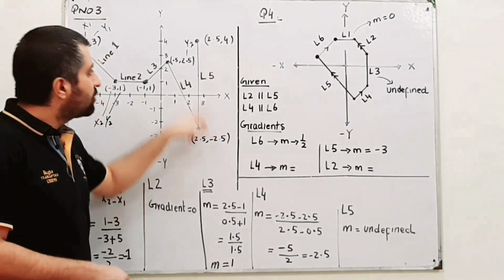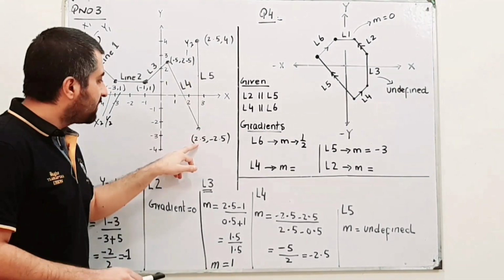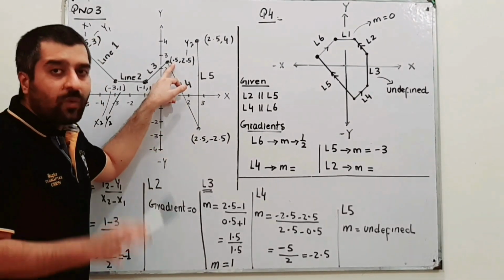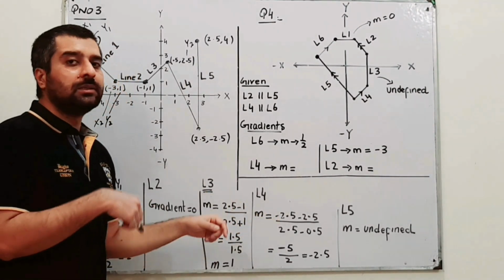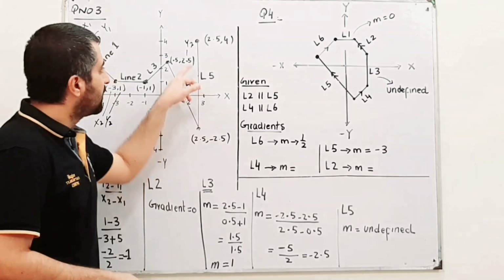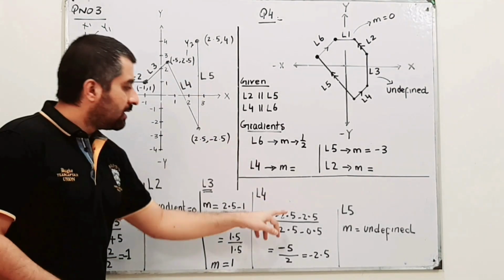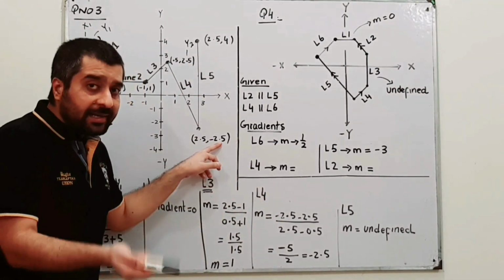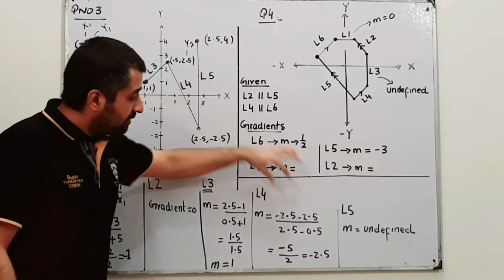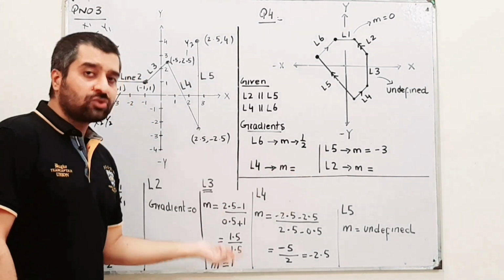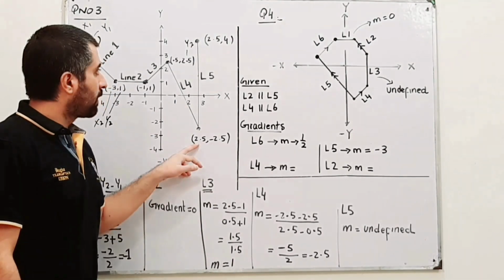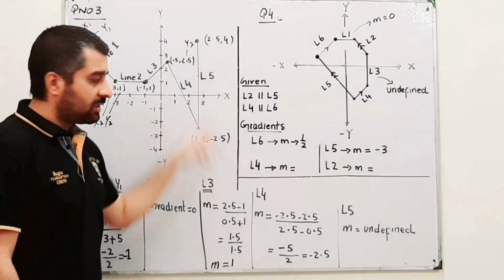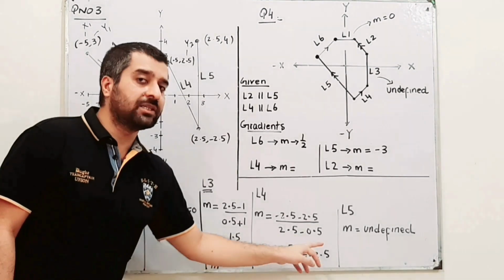If this is x2, this is x1. So y2 minus y1: minus 2.5 minus 2.5, over x2 minus x1. x2 is 2.5 and x1 is 0.5, so 2.5 minus 0.5.